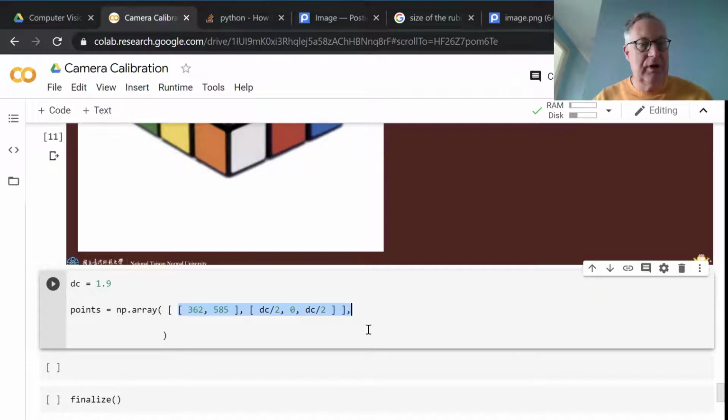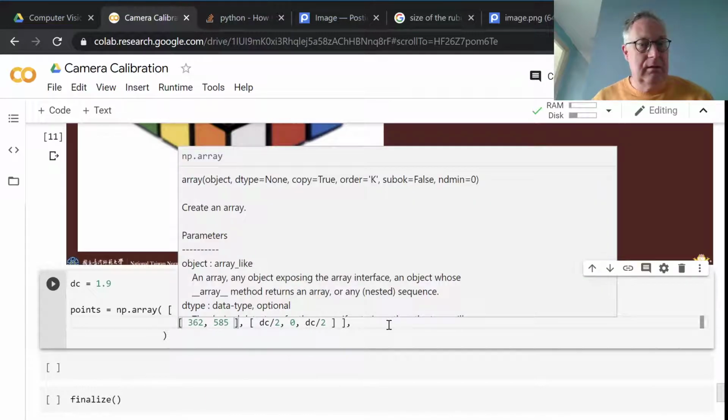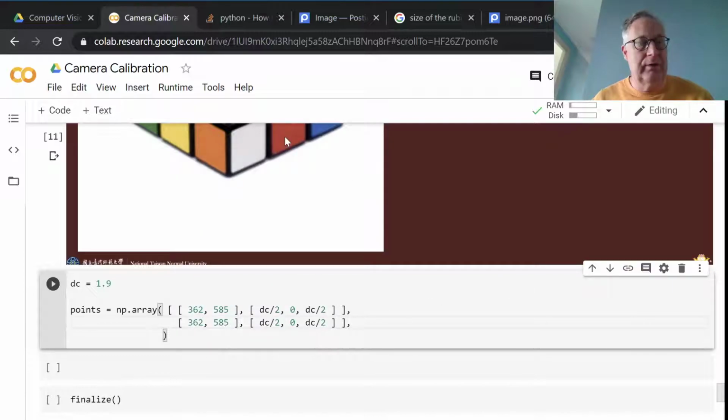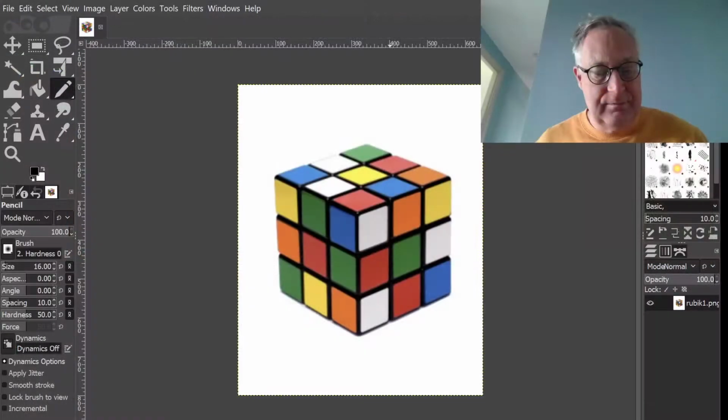So now we try and find the next point over, the red one. So for the red one, center I think is there, which is 450, 547.